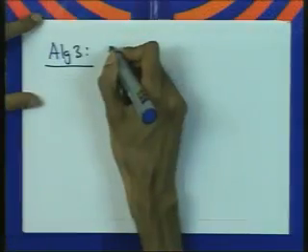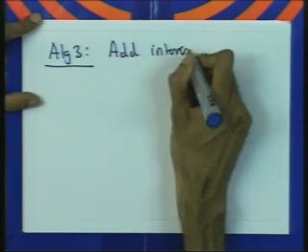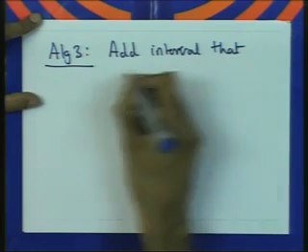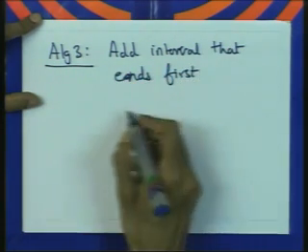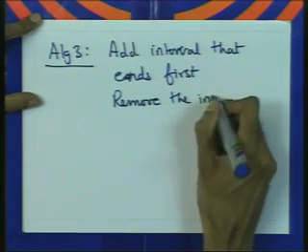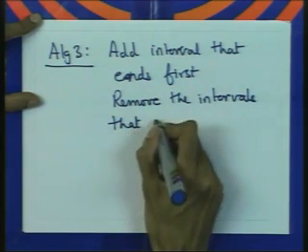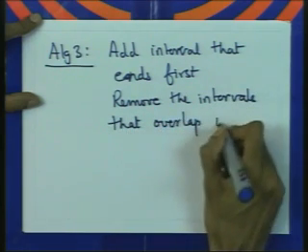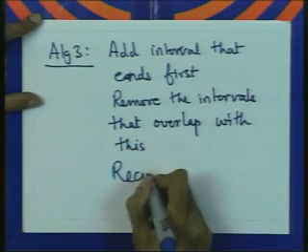And this is what now leads us to algorithm 3, which actually works. So, algorithm 3 says, add the interval that ends first, remove the intervals that overlap with this, and recurse.